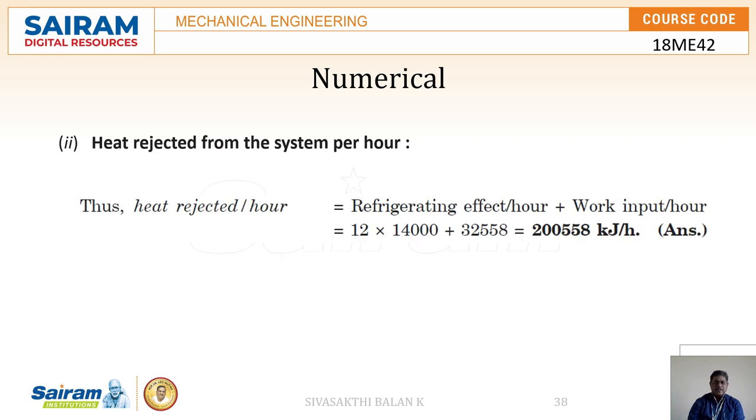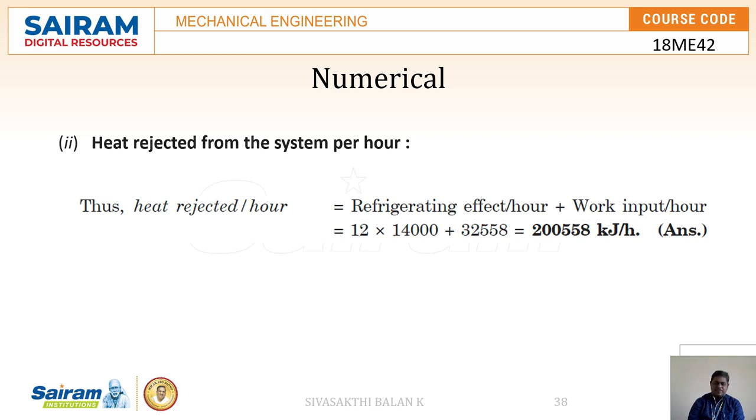Now we need to calculate the heat rejected from the system per hour. In the previous slide we calculated only the work input. Now they actually ask us to calculate the heat rejection from the system per hour. For that we know that heat rejection is equal to the refrigerating effect plus the work input.